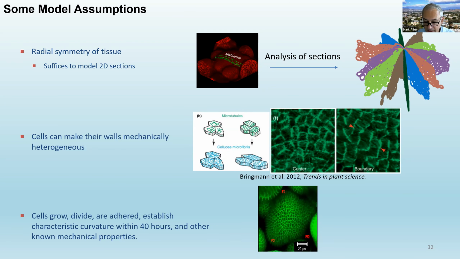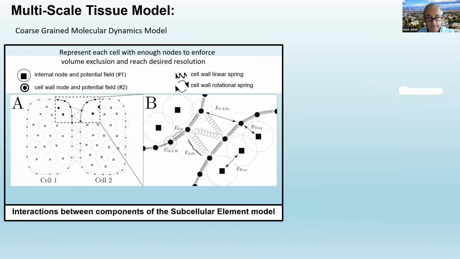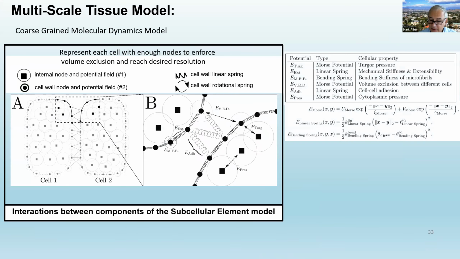And we have a paper in Nature Communications last year where we figured out which signals are most important for SAM at a certain moment in maintenance of the structure. So this is now coupled with a mechanical model. The model is very similar, just the representation for walls, the nodes and interactions there, are much stiffer.